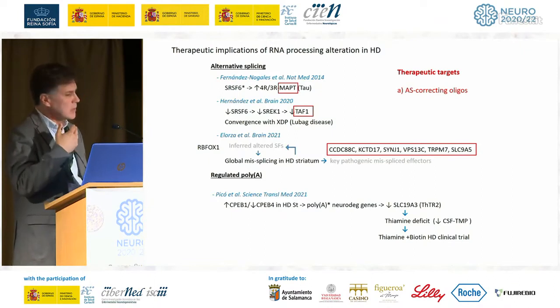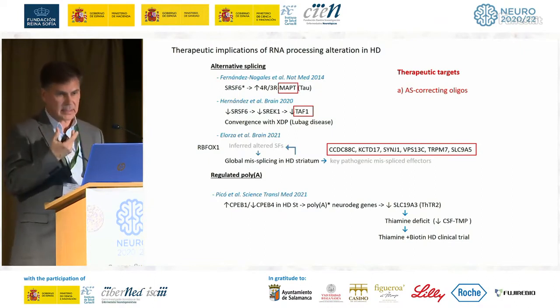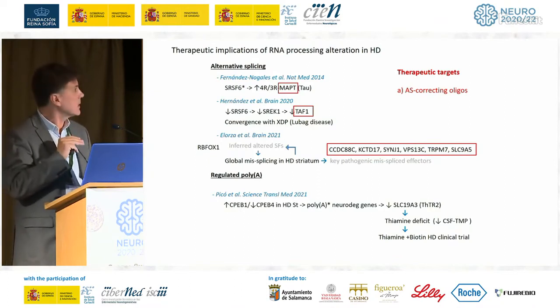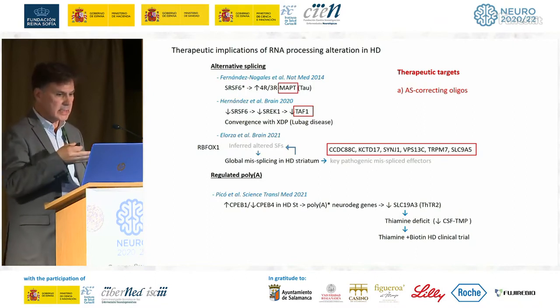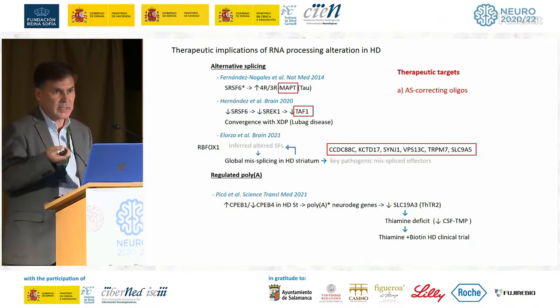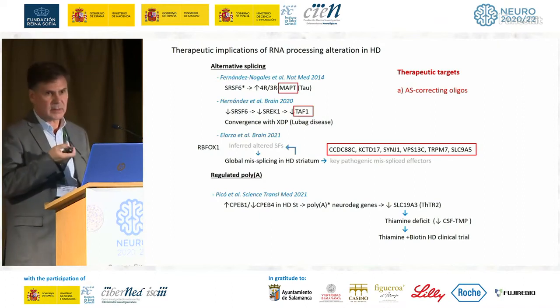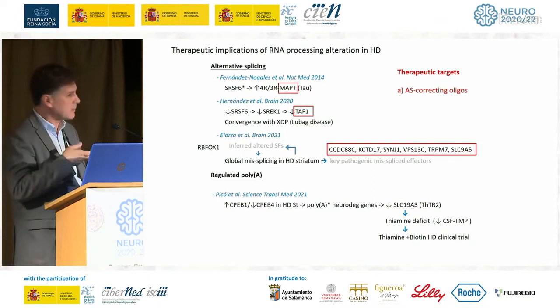But unfortunately, for the moment, the delivery, the availability to the striatal tissue probably is not efficient enough to lower the levels of huntingtin enough, but maybe in combination with these alternative splicing correcting oligos that are already in the clinic, as we heard yesterday, for spinal muscular atrophy with nusinersen, and there are many clinical trials for ALS with similar drugs.